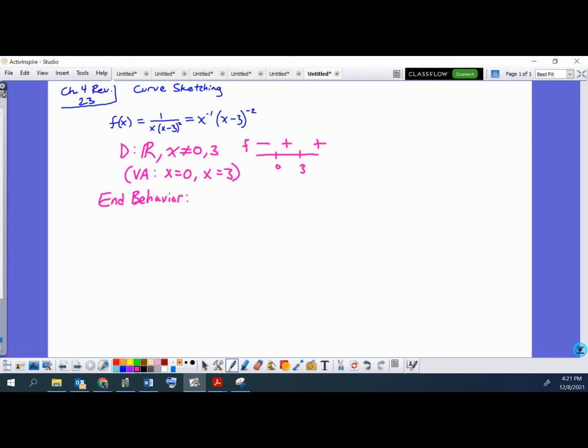You may remember from pre-calc or algebra 2 even, when you have a greater degree in the denominator of a rational function, you're going to have a horizontal asymptote at y equals 0. And it makes sense too. If you just think about big numbers for x, the denominator gets very large. And so you have 1 over a large number. And that's true in both the positive and negative direction. In the negative direction, it'll be a large negative number, but still the point is it's close to 0.